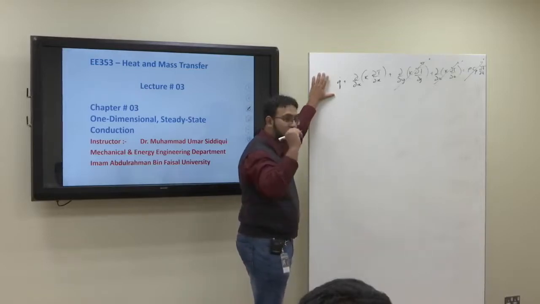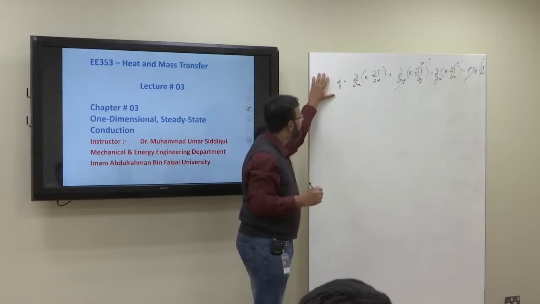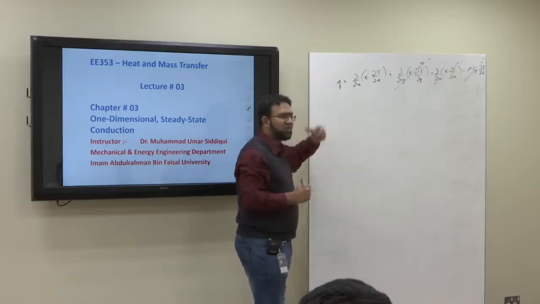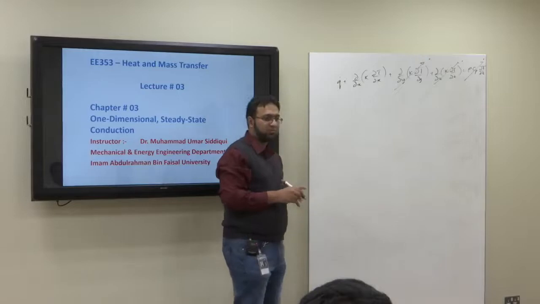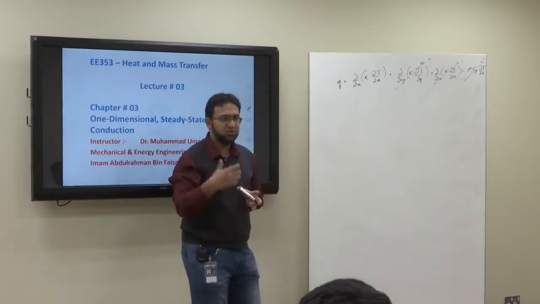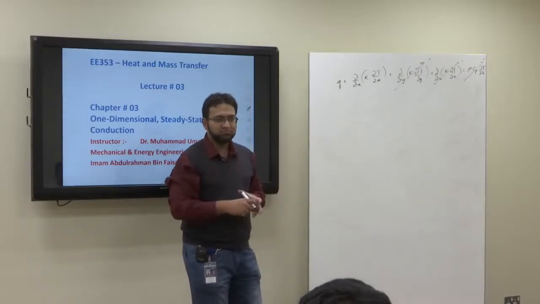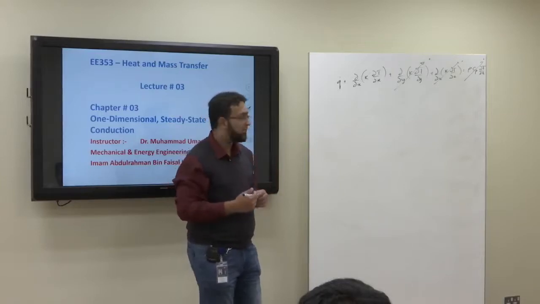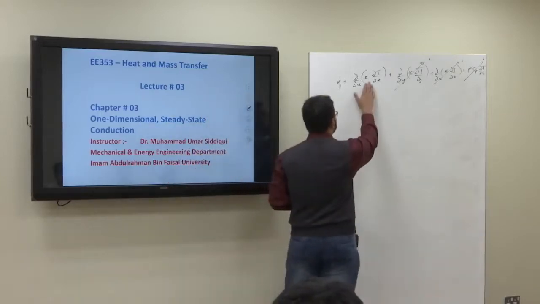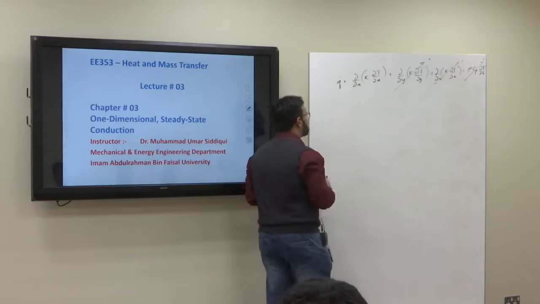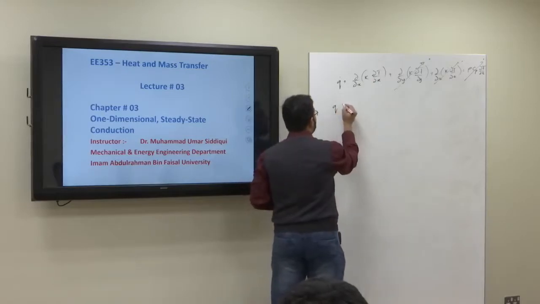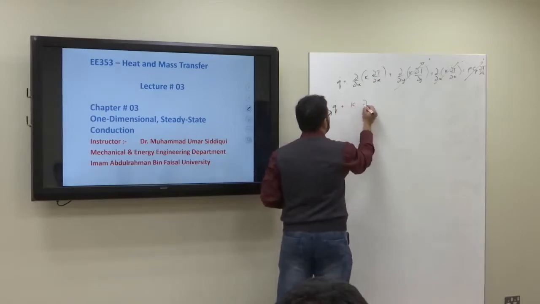equals 0. Now, we are not going to deal with cases where we have non-isotropic material. We are only going to deal with metals, and most of them are isotropic. So k is independent of direction and can come out. So we have q dot plus k.